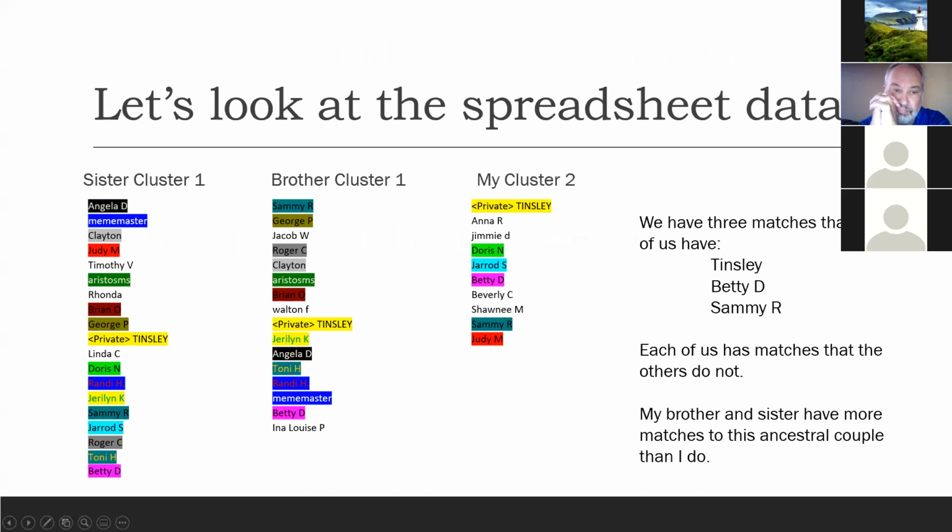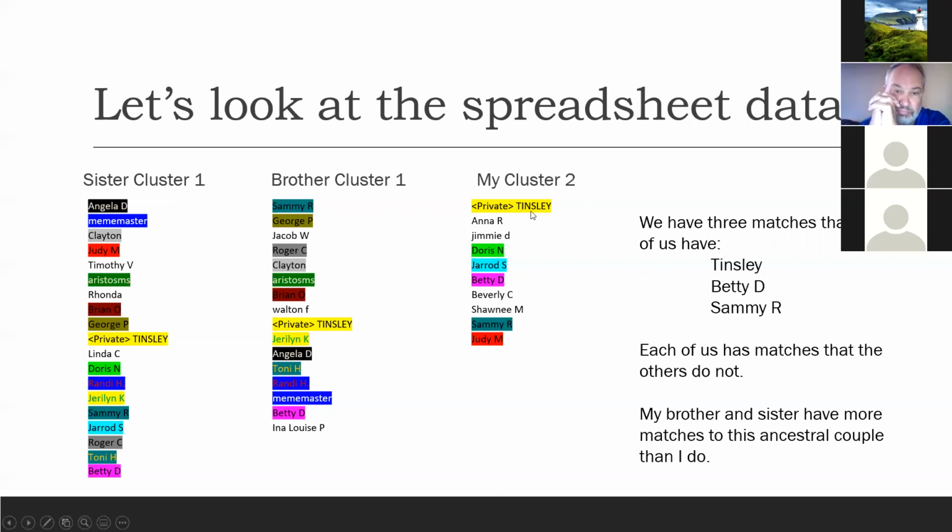But this is my sister's cluster number 1 on the left, my brother's cluster number 1 in the middle, and remember that matched my cluster number 2, which was orange. I've just highlighted, I tried to figure out enough ways to highlight so that you could see the difference. But we have 3 matches that all 3 of us have. In yellow, Tinsley.